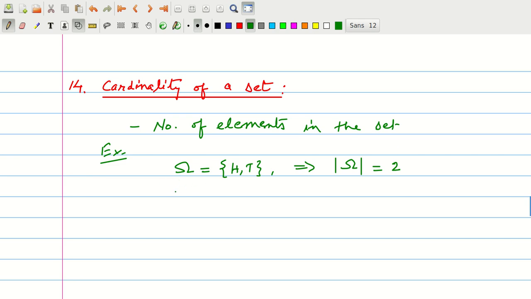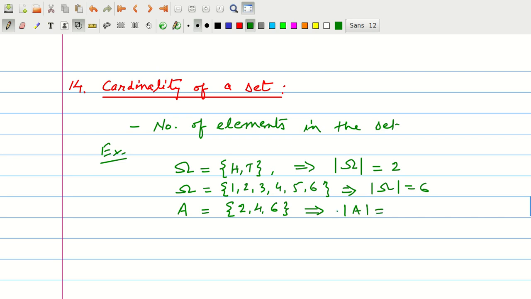If we define a sample space as 1, 2, 3, 4, 5 and 6, the rolling of a die example, then the cardinality of the set is 6. If we define an event on this sample space, say the even numbers, 2, 4, 6, then the cardinality of set A is 3 because there are 3 elements in this set.